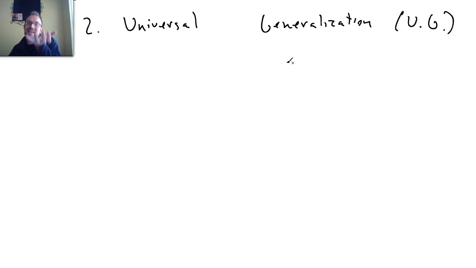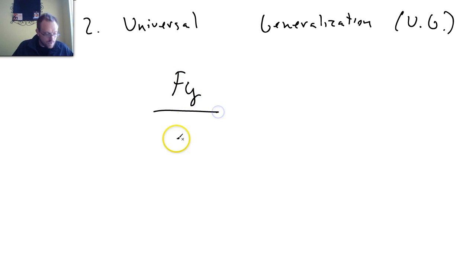Generalization is going to add it back in. So let me write down the definition the way I did last time. And that's going to look like this. For universal generalization, if I have fy, I can generalize it to (x)fx.